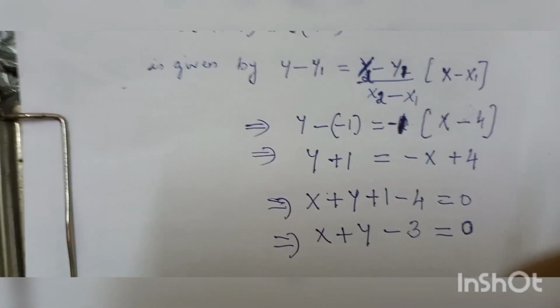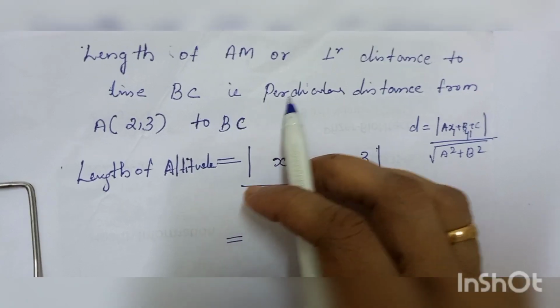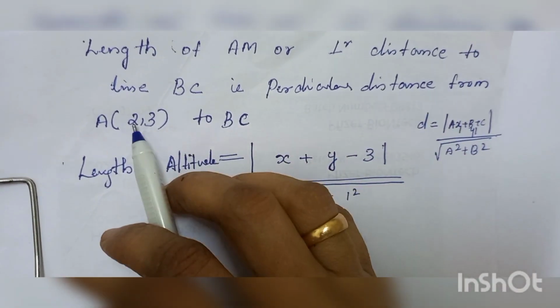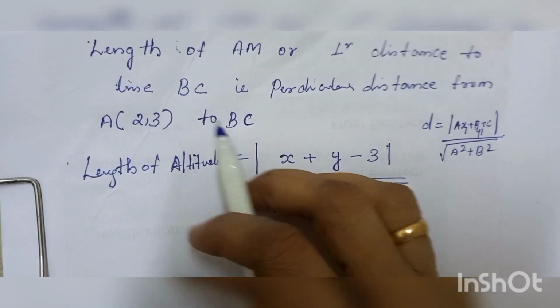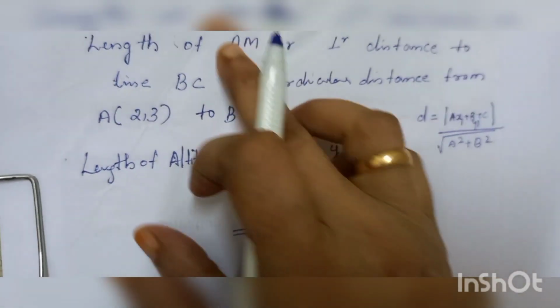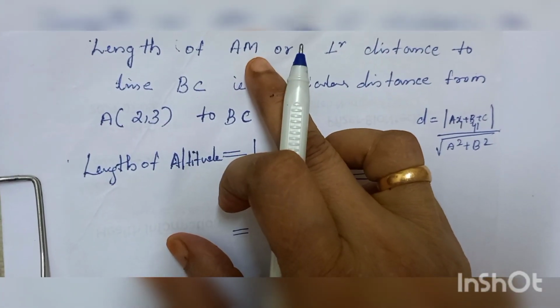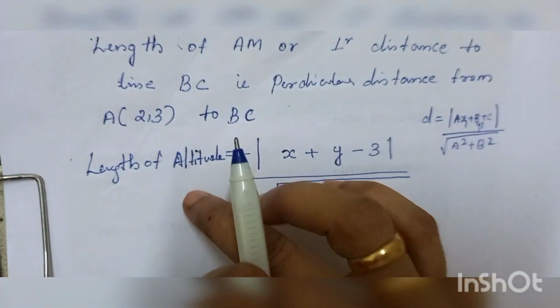Okay. The length of AM, or the perpendicular distance from A, whose coordinates are (2, 3), to BC. So we can say this length of AM is also called the perpendicular distance. AM is the altitude here.